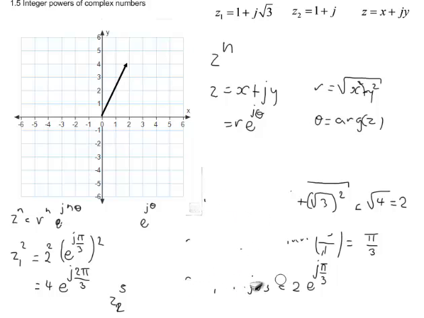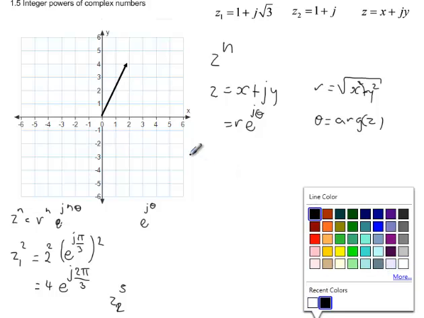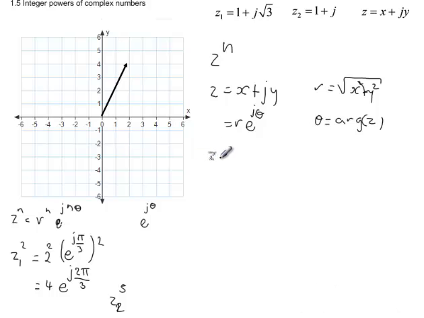I said when you're writing numbers in exponential form, I don't know whether I told you that, but I think I told you, in exponential form, strictly radians. The number we're working with is Z2.